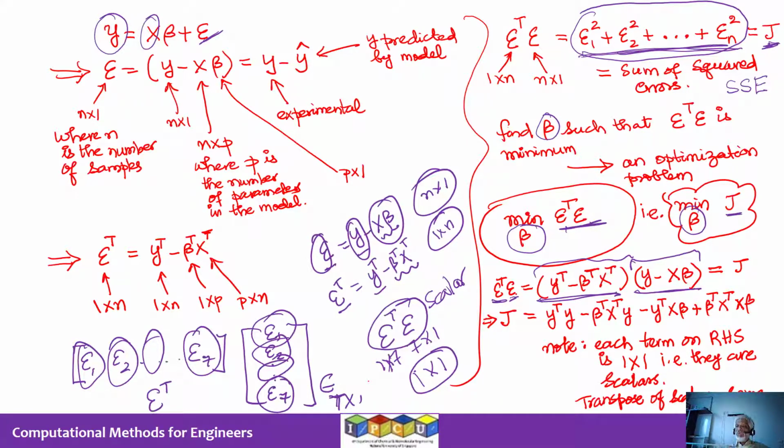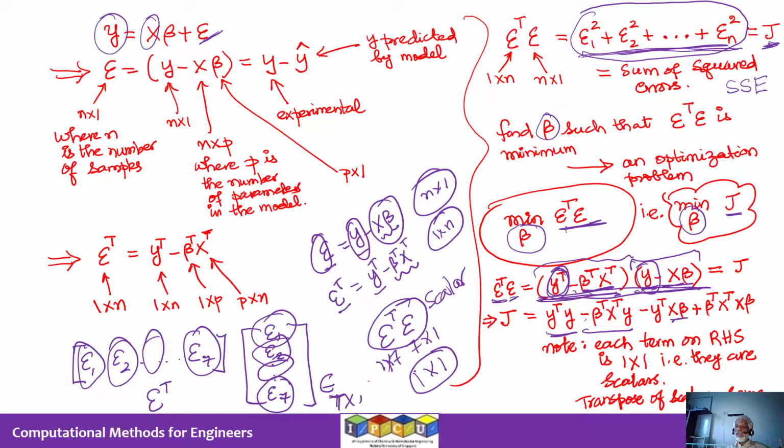So now what I do next is I say J, which is equal to epsilon transpose epsilon, equals, I now expand the expression here. Y transpose multiplied by Y, so that is Y transpose Y. Then minus beta transpose X transpose Y. So beta transpose X transpose multiplies with this Y along with this minus sign to give us this. Then Y transpose multiplies with this minus X beta term to give us minus Y transpose X beta.